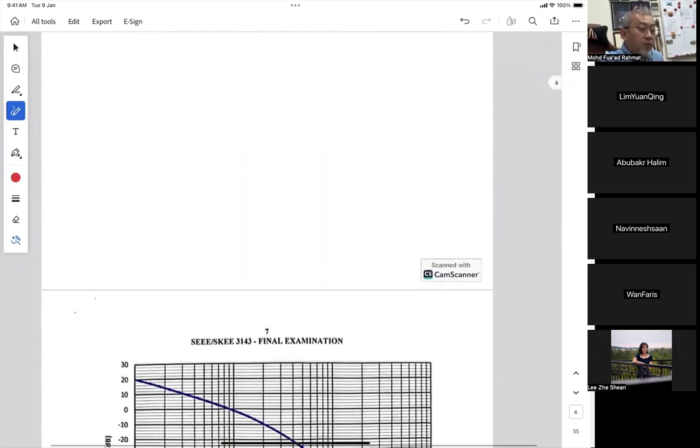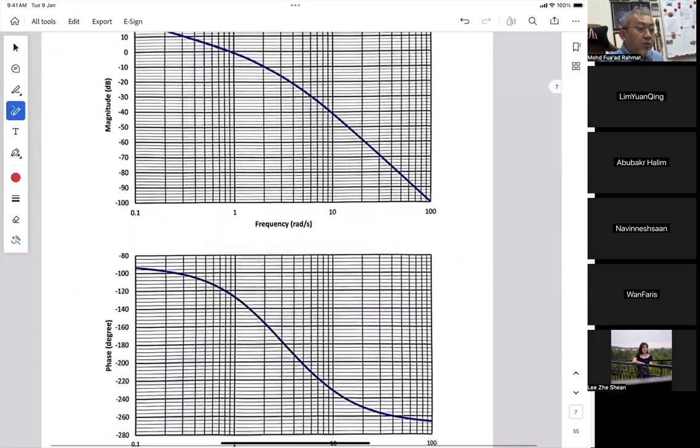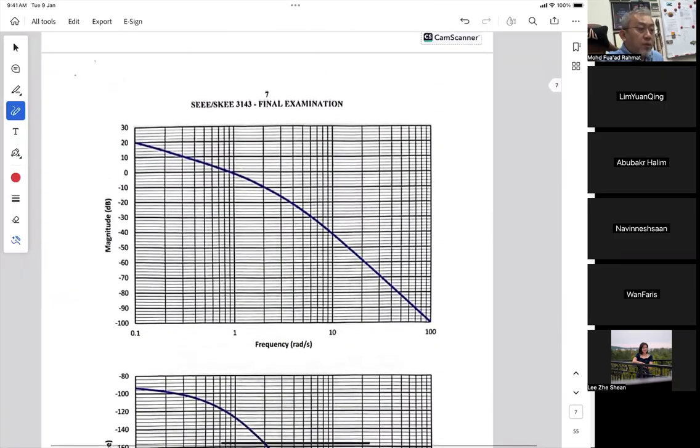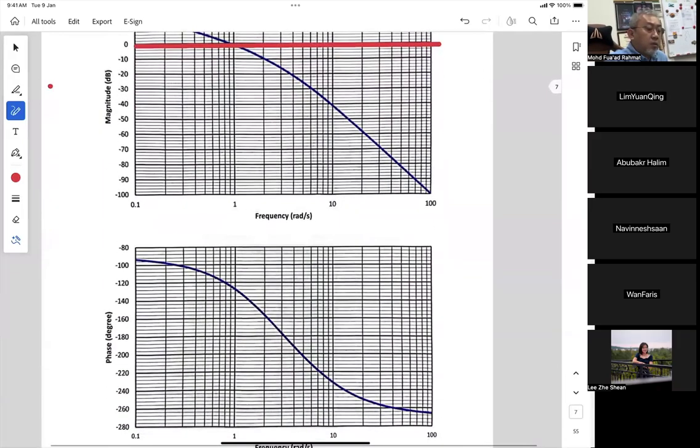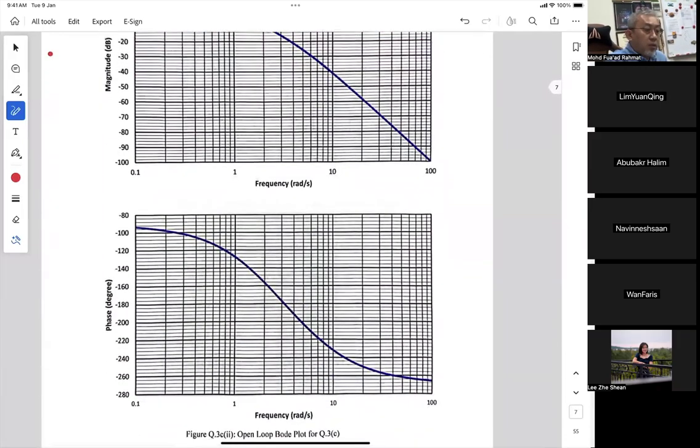Find the gain margin and phase margin here. Plot is given. So first thing, when you have this, you have to draw the straight line. Use a long ruler, 0 decibel is the baseline, and the minus 180 line. Draw a straight line.